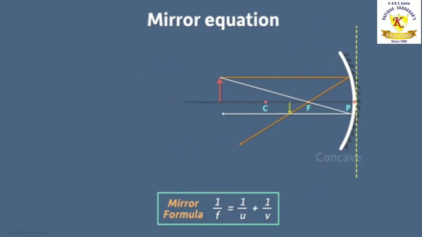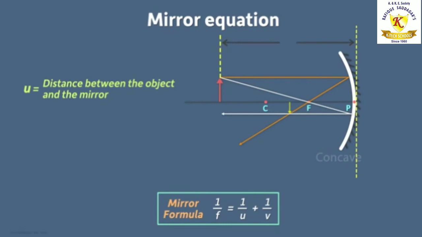In this equation, U is the distance between the object and the mirror. So this distance will be U. Okay? It is the distance between points A and P. Remember, the distance between two parallel lines will always be the same.